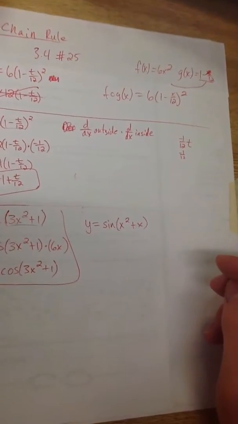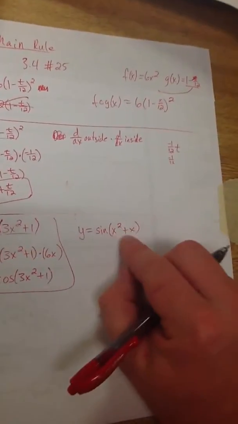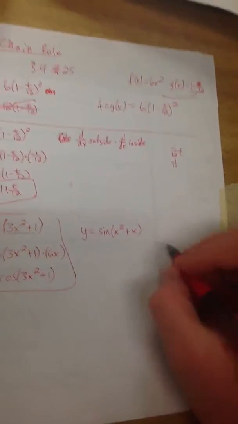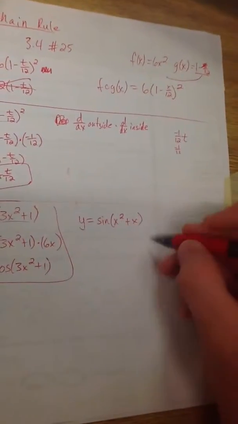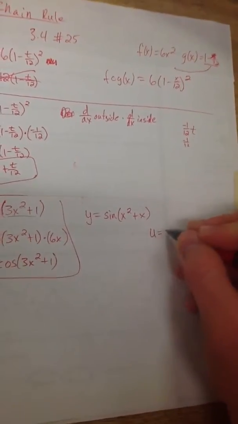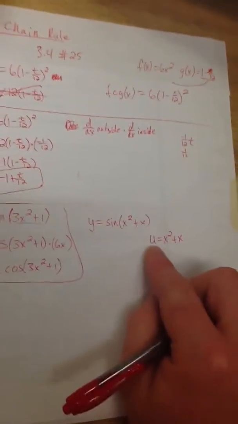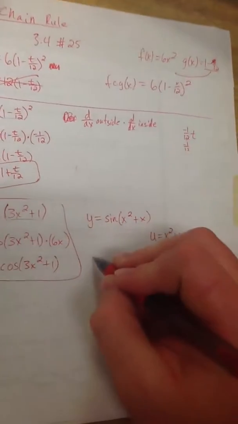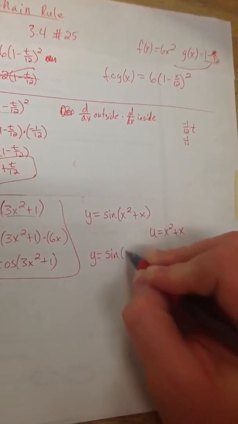Well, to use substitution, you say, all right, here's the stuff inside the parentheses. Let's just pick some arbitrary letter. They use u, and let that equal x squared plus x. Well then, if u equals that, now our function is y equals the sine of u.